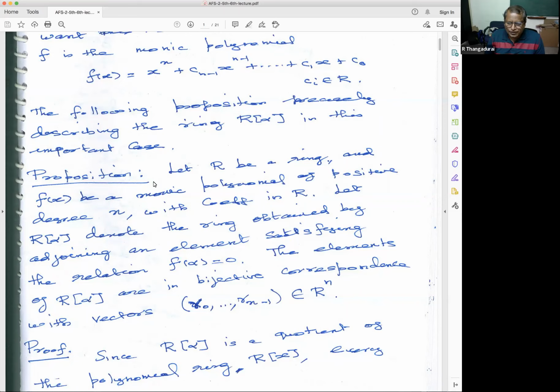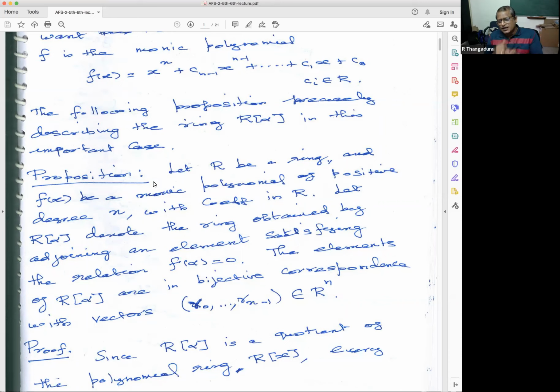Okay, the elements of R[alpha]: you take any element, then you can send it to (r0, r1, r2, ..., r(n-1)), which is an n-tuple in the ring R^n.